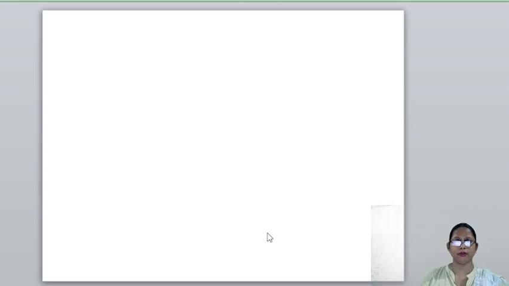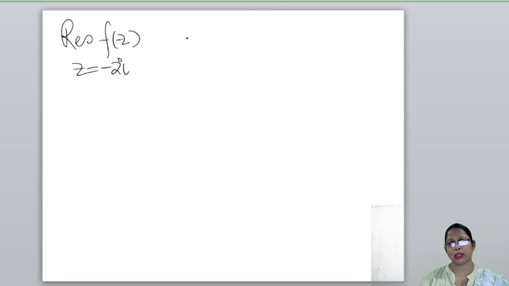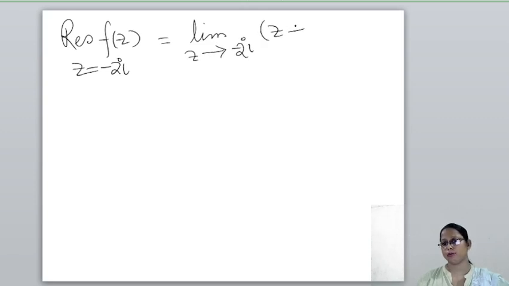Again, residue at z equal to minus 2i. That is equal to the limit as z tends to minus 2i of (z + 2i) f(z).